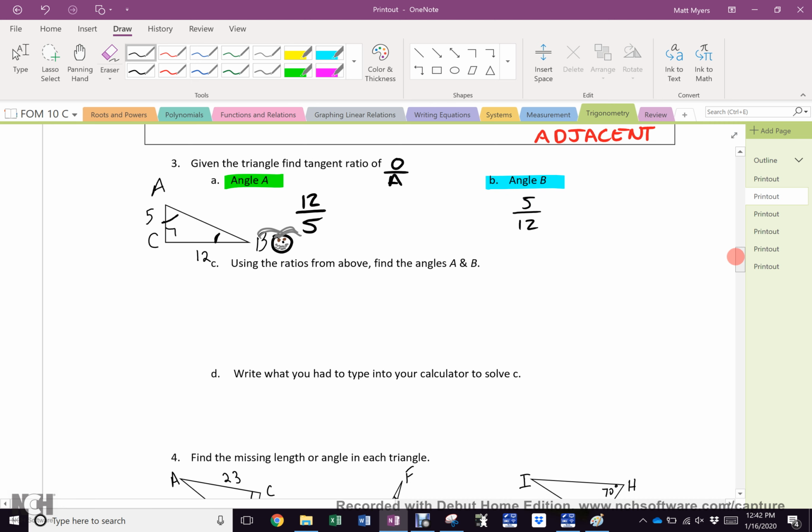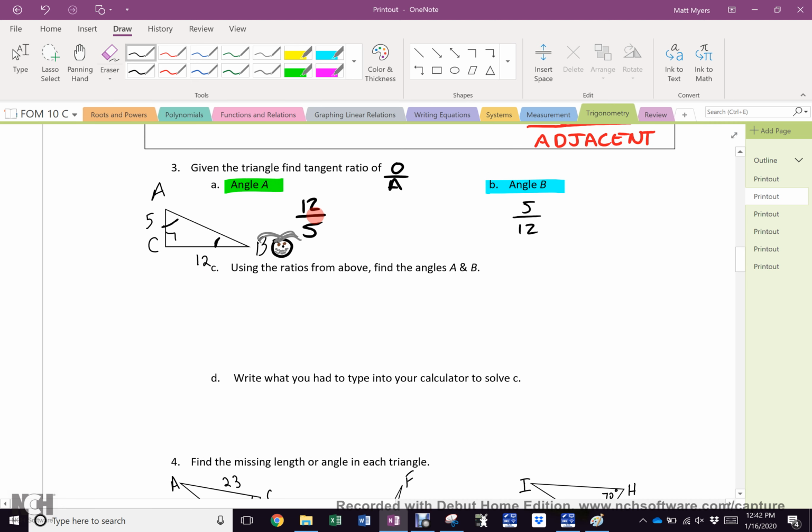Is that the same here? Is this a decimal? No. What makes this a decimal? What do I do with those two numbers? I do division, don't I? So, if I had the decimal, I could just do shift tan, can't I? But I don't have the decimal, I've got to do division, right?